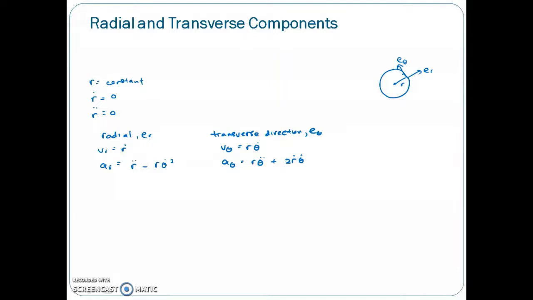So looking at this, R is a constant value, and the first and second derivatives will all be 0.